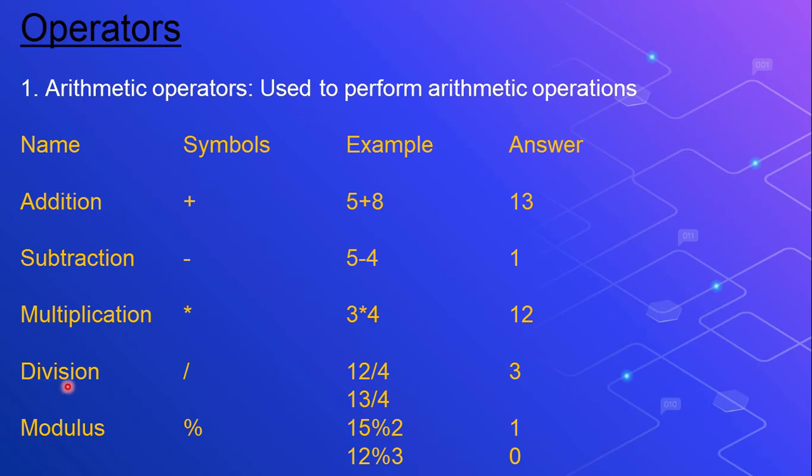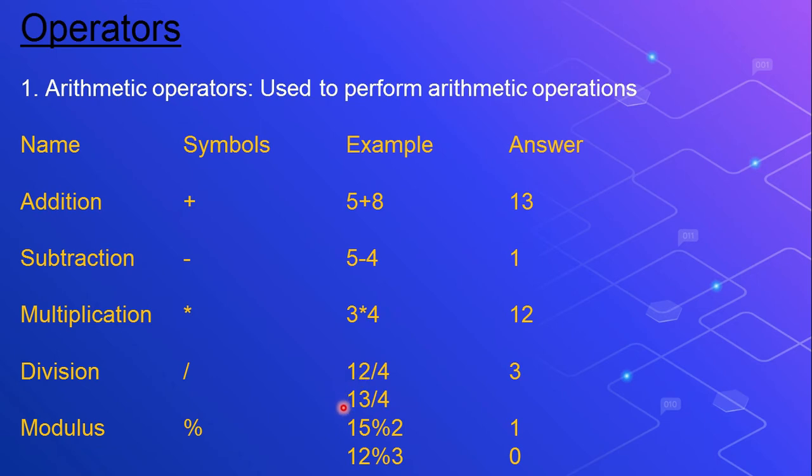The division operator. This is the symbol used for division. 12 divided by 4, the quotient is 3. Now again I am going to divide 13 divided by 4. 13 when you divide with 4, the quotient that you are going to get is 3 only. Because when you write a number simply, that number will be considered as an integer.